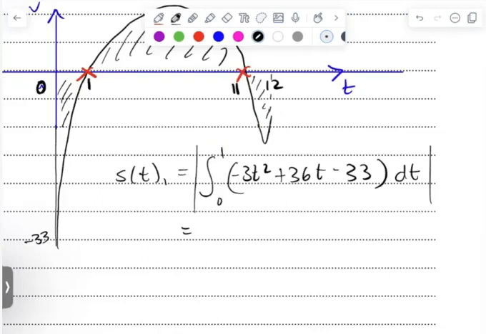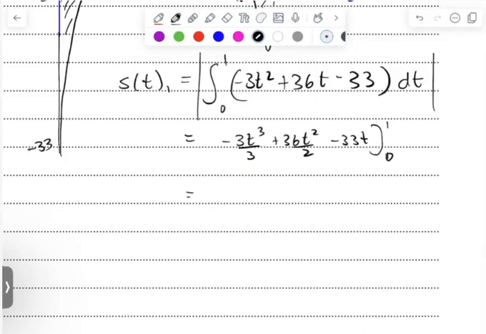So here, if I'm integrating, we've got minus 3t cubed over 3, and 36t squared over 2, the upper power divided by the power. Okay, and here we're going between 1 and 0. I'm not going to waste too much time. I can see if I plug noughts in here, it's going to be 0. So I'm just going to plug 1 in each time.